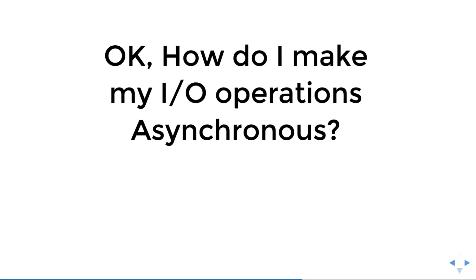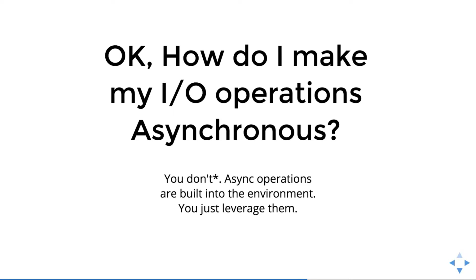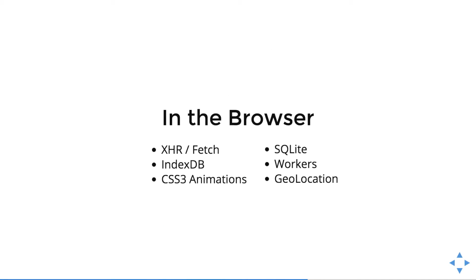So how do you make your I/O operations asynchronous? Really, you don't, asterisk. They are already built into the environment and you just leverage them. In the browser there is some async stuff, and on Node there are other built-in things. We'll talk about that.